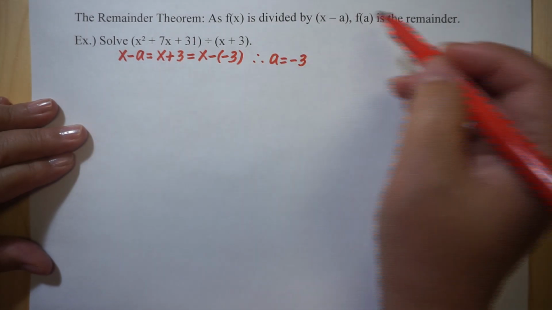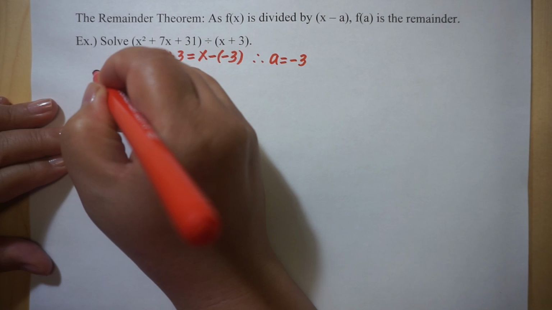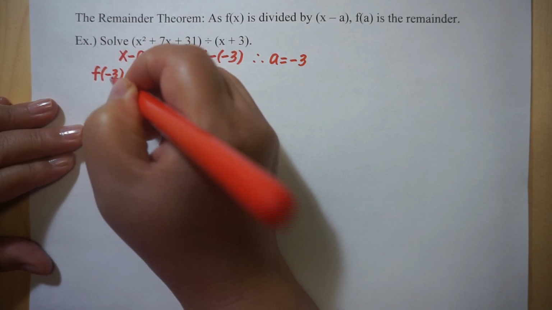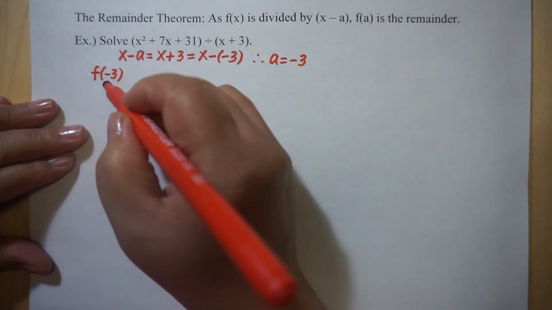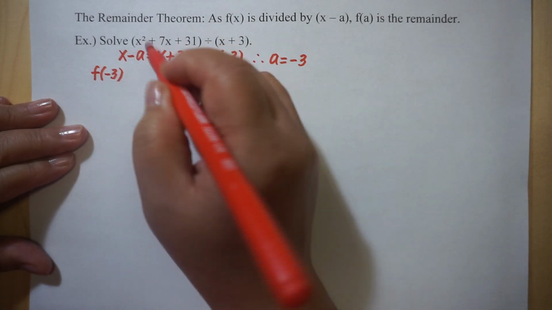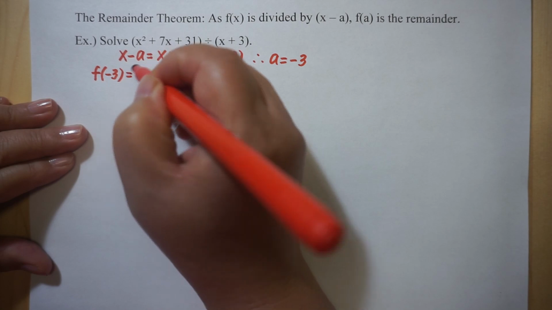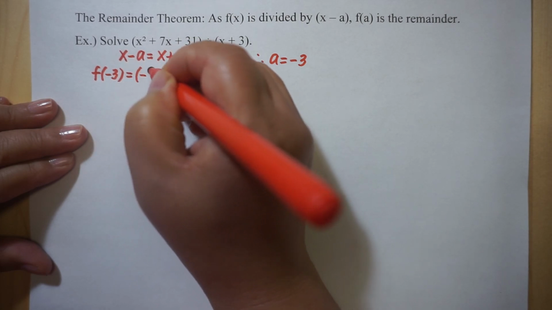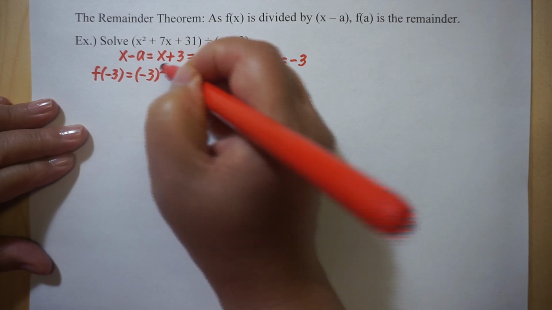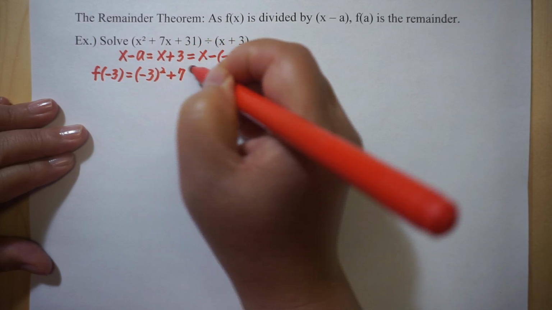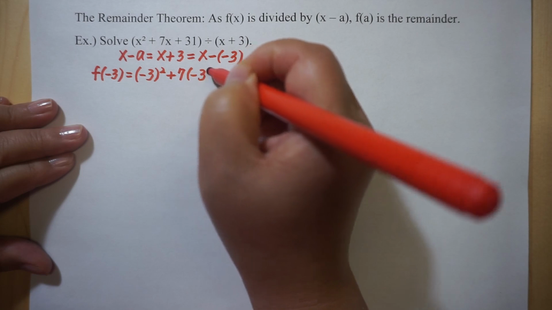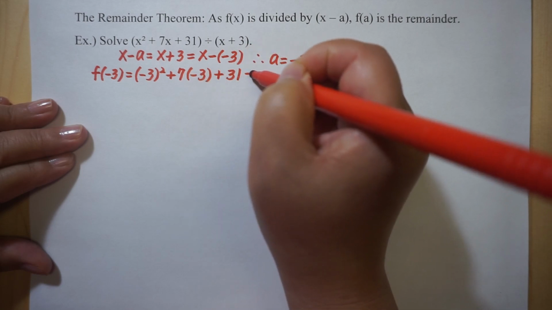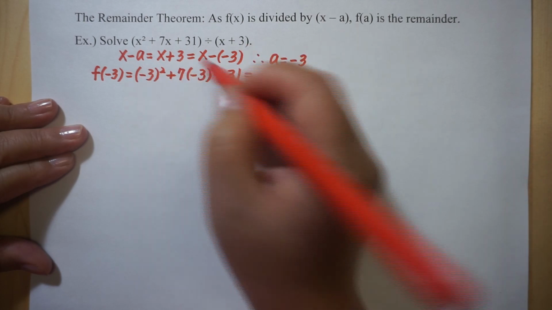And now the remainder f of a is actually f of negative 3 this time. So basically we're going to plug negative 3 into x of f of x. So f of negative 3 is equal to negative 3 squared plus 7 times negative 3 plus 31. We're going to organize this one.